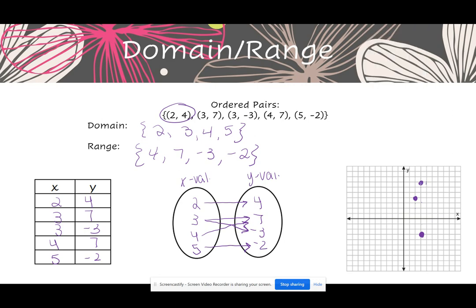And, whoops, 5, -2. So 1, 2, 3, 4, 5, and down 2. So our point goes there. So these are the 4 ways that we're going to show ordered pairs.